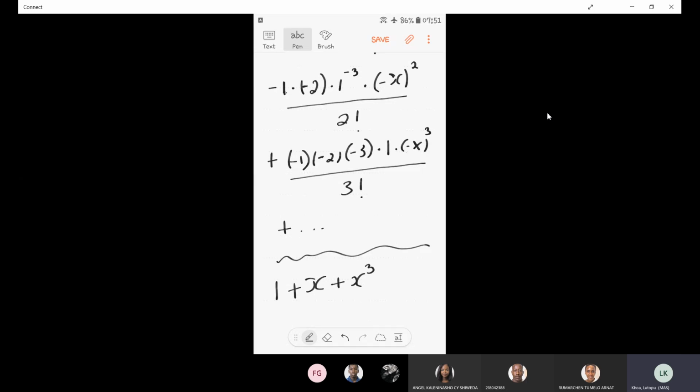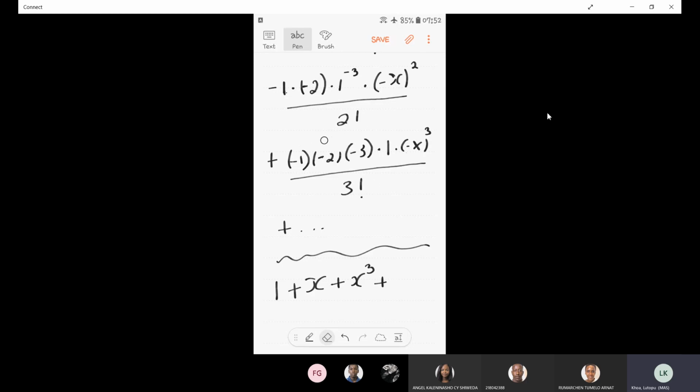Okay, and then the fourth term, sorry. This negative, negative, negative, it'll get a negative answer. But then negative x to the power of 3 is negative. So that means I actually have 1, 2, 3, 4 negatives, which makes a positive. Now this 3 times 2 times 1, that is what 3 factorial means.